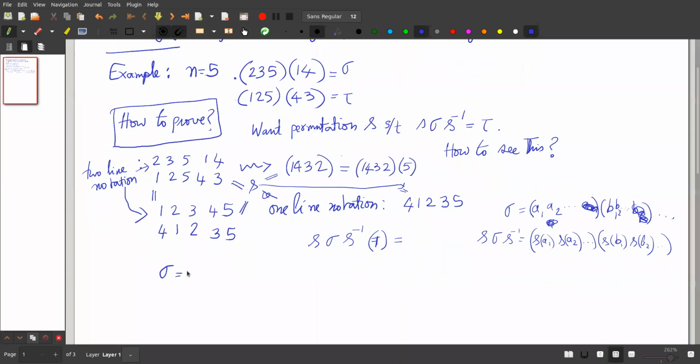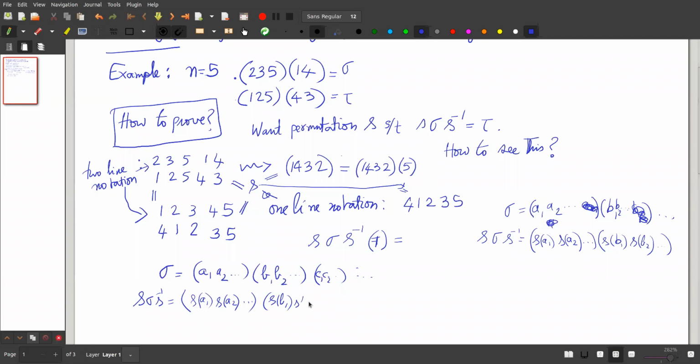If sigma is equal to the cycle A1, A2, and so on, then B1, B2, and so on, and other cycles C1, C2, and so on, then S sigma S inverse takes S of A1 to S of A2, and so on, then S of B1 to S of B2, and so on, and then S of C1 to S of C2, and so on.